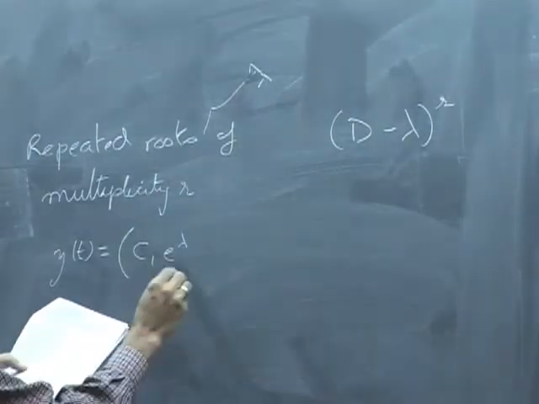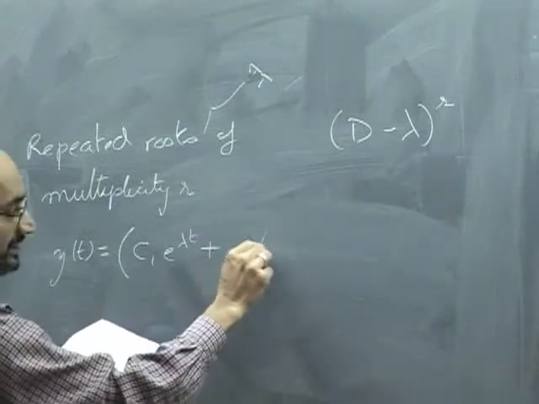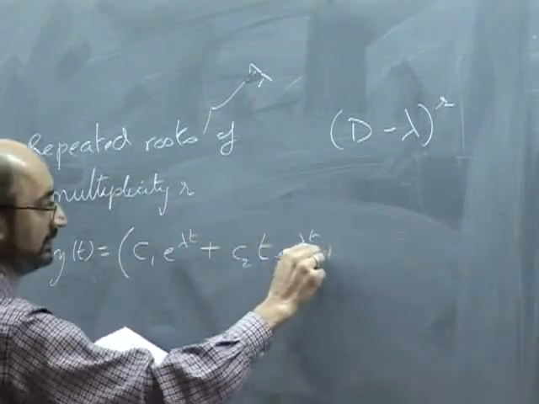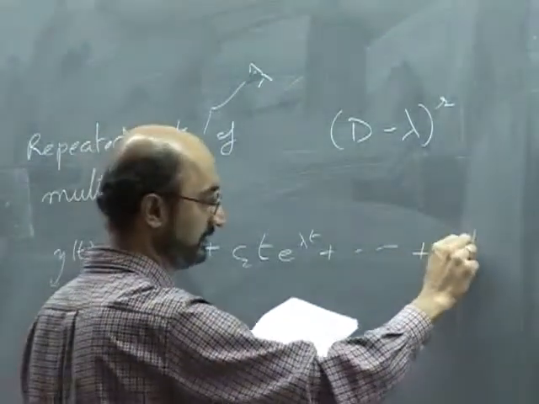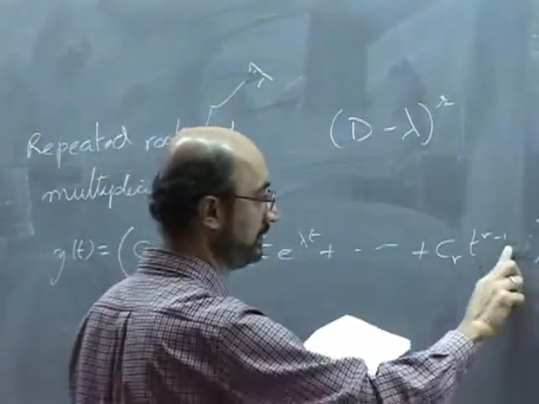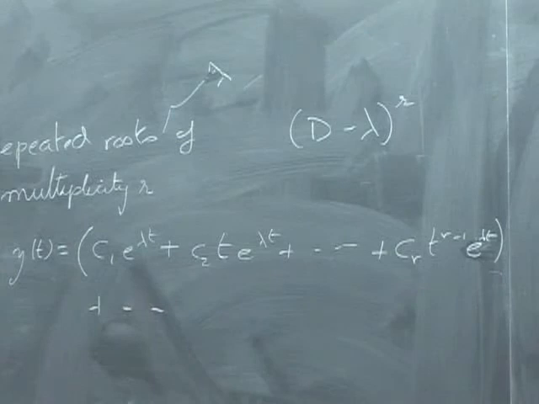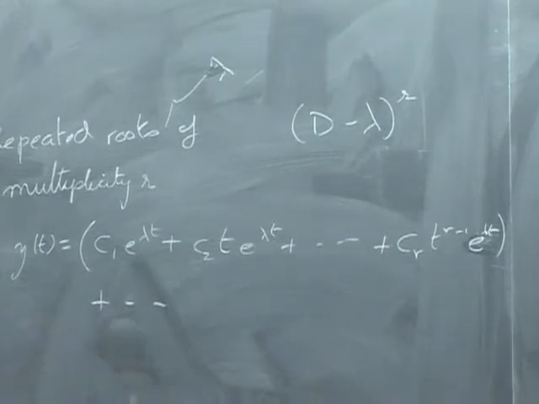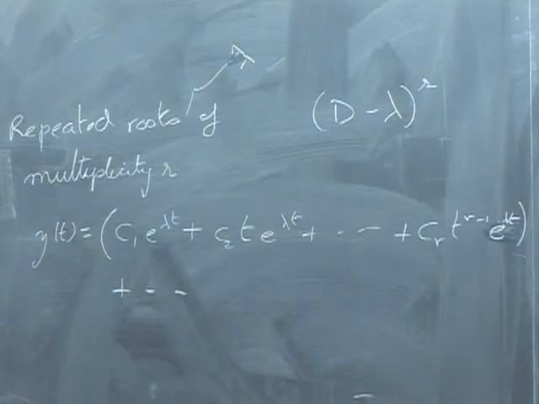Then we'll get c1 e^(λt) plus c2 t e^(λt) plus ... c_r t^(r-1) e^(λt), plus the other terms which correspond to the other roots over here. Okay, so that's what that looks like.